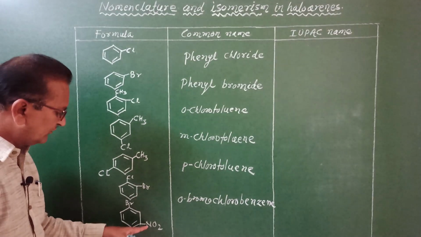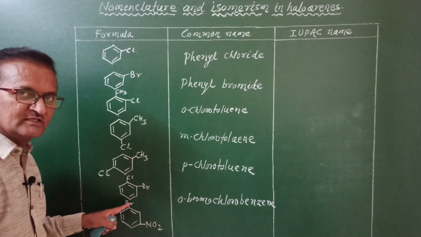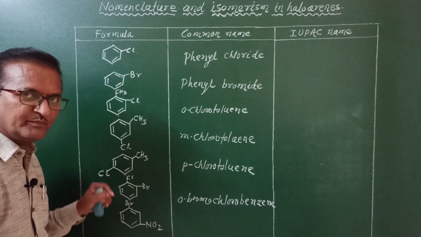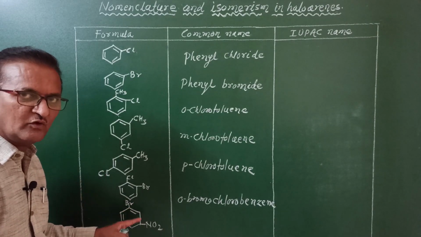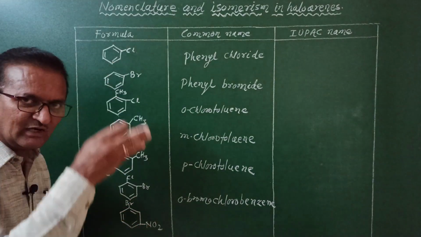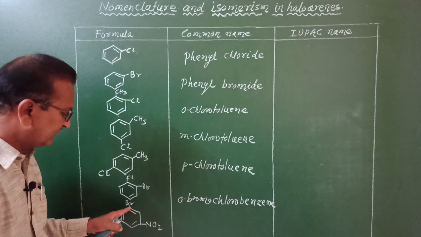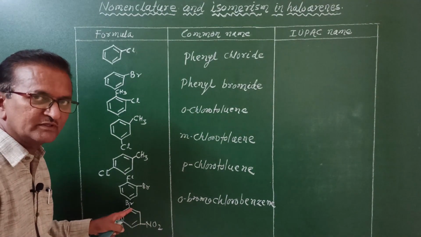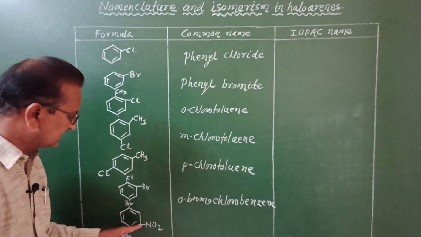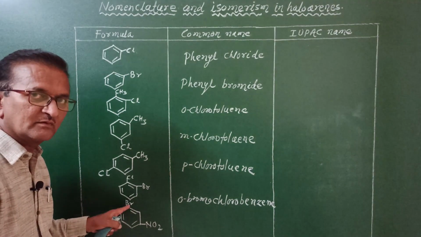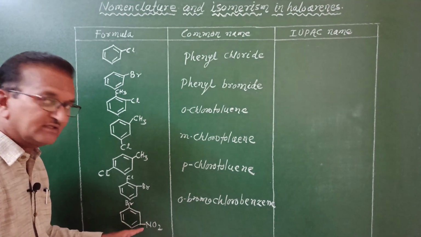Now let us see this one. One is nitro, another one is bromo. Since B of bromo appears before N of nitro in the alphabet, first we have to introduce the name of bromo. With respect to this, the positions are 1 and 3.